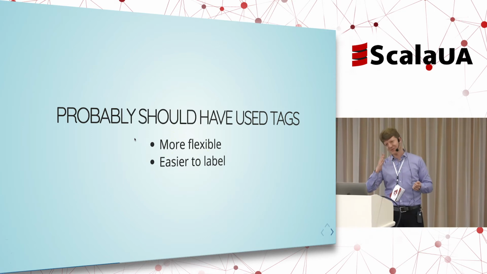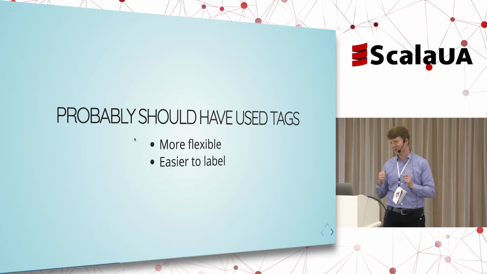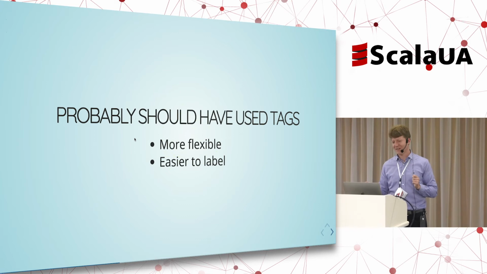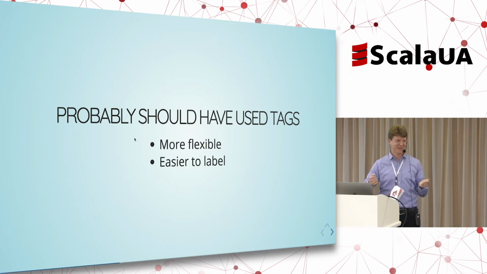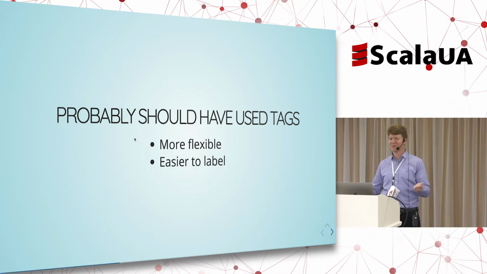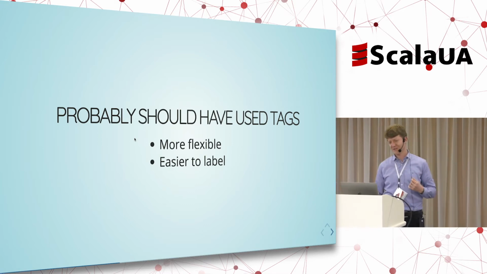But since we started off with this rigid class system, we then had to define rules. So how will you finally classify an apartment that can also be used as an office, and so on and so forth. And this made it, in the end, harder for humans to do this manual labeling for the training data, and then of course also harder for the computers to learn what these rules really should be.